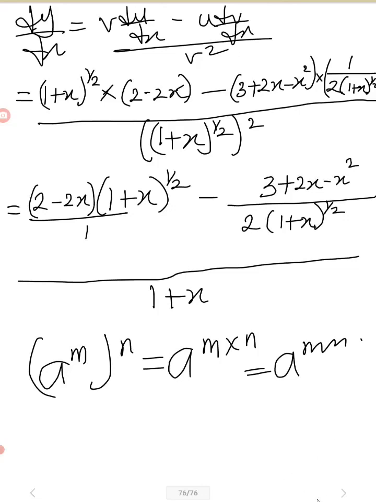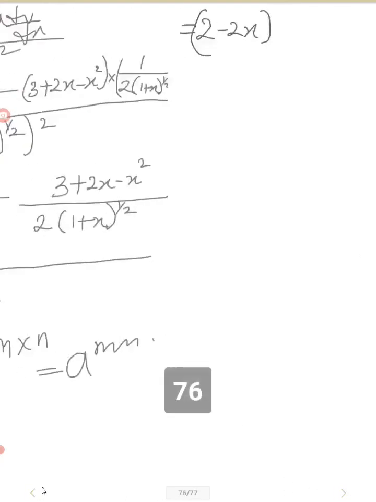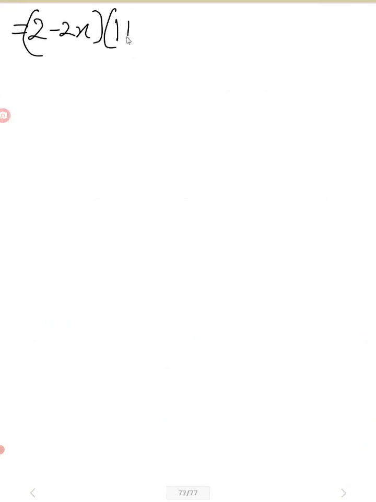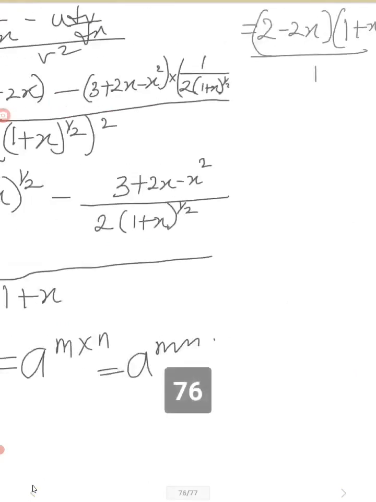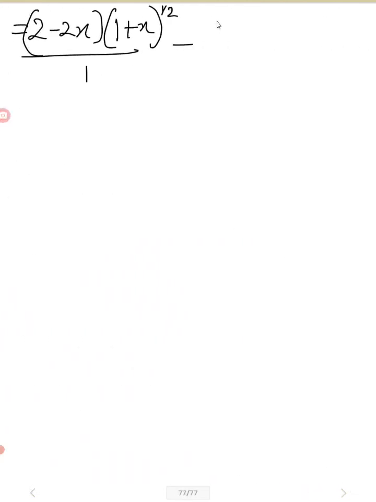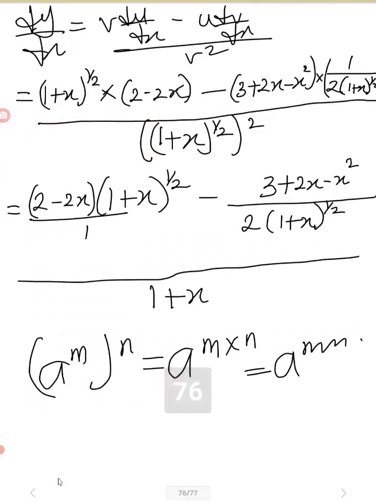So you now have y prime is equal to 2 minus 2x, multiplied by 1 over 1 plus x all raised to power half, minus 3 plus 2x minus x squared over, you do it one by one.